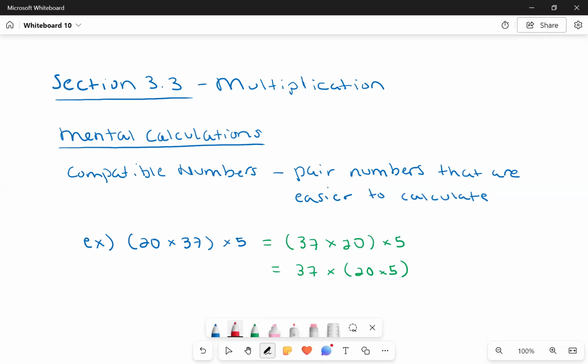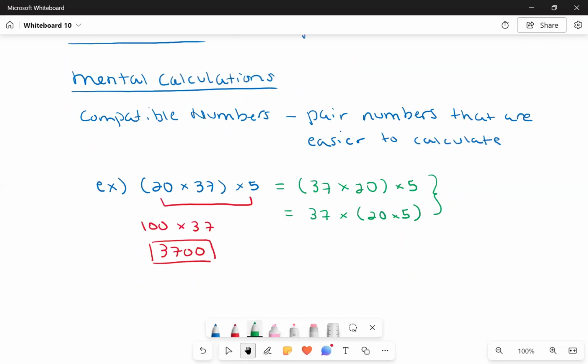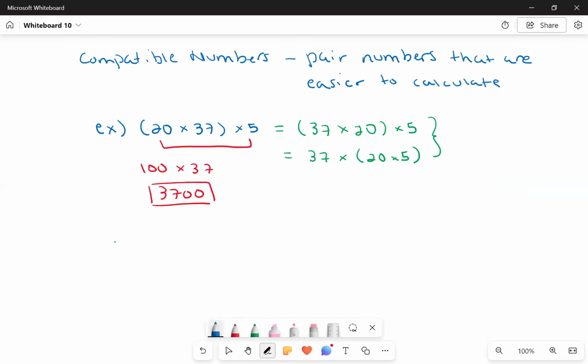So I'm just going to do 20 times 5, which is 100, and then 100 times 37 is 3,700. This just shows the number properties in action, but we won't need to do that work now that we understand they are at play.